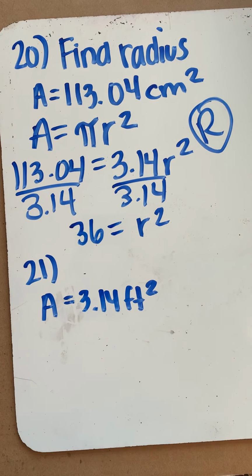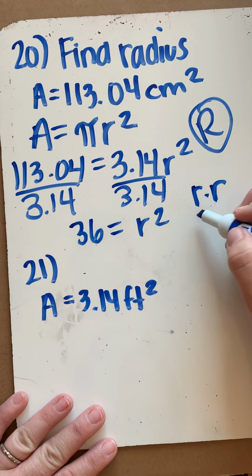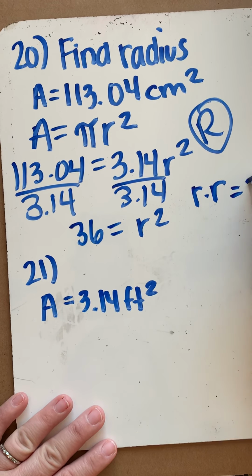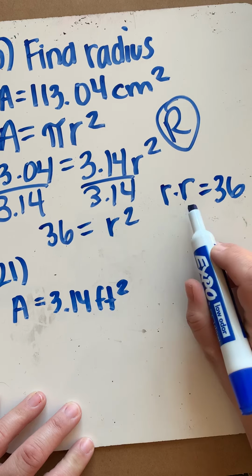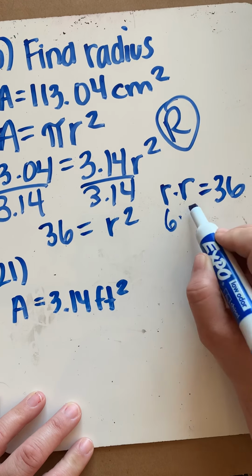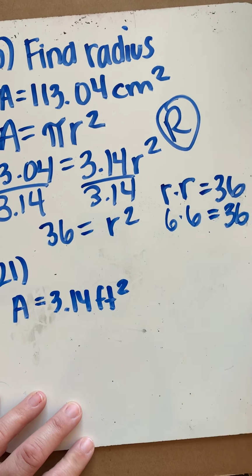So this is a logic question. You have to say to yourself, r squared means r times r. So what number times itself gives me 36? These two numbers have to be identical. Last I looked, 6 times 6 gives me 36. Bingo.